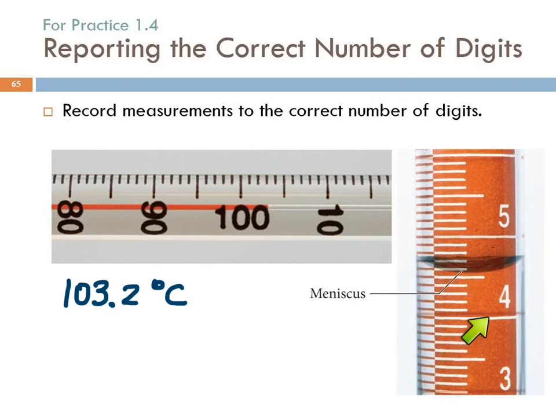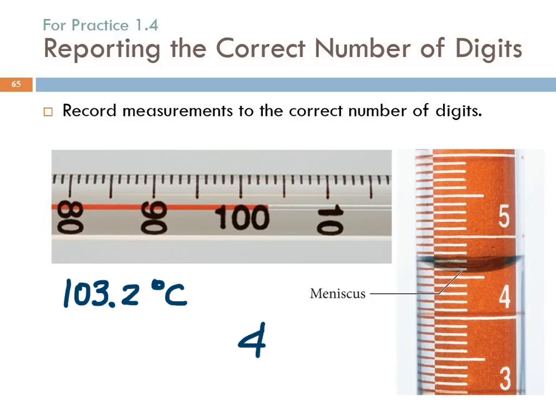This is 4, and that's 5, and there's 10 divisions in between. What does each line represent? 0.1, a tenth of the unit on here. I'll just tell you, the unit on here is milliliters. So this is a tenth. So here we've got 4, this is 4.5. We can all agree that this is more than 4.5 and less than 4.6.